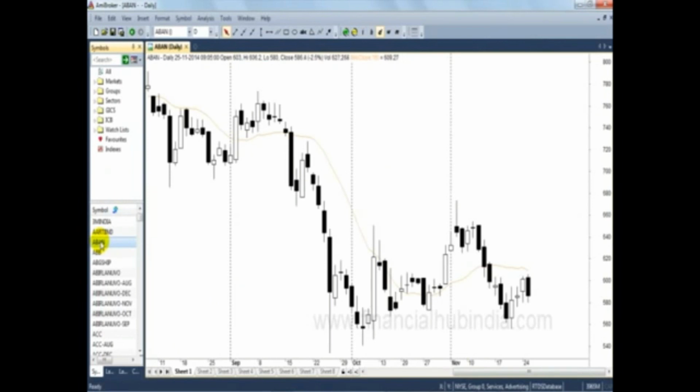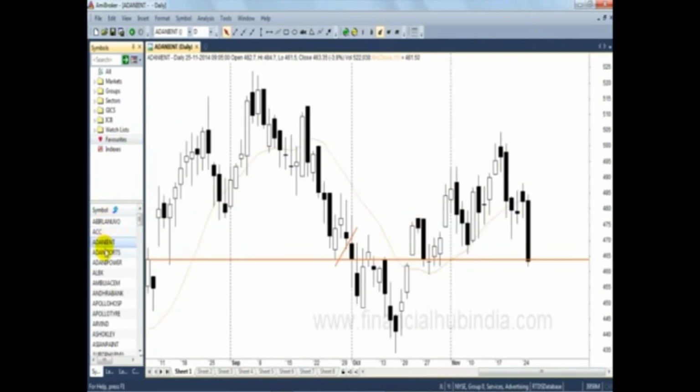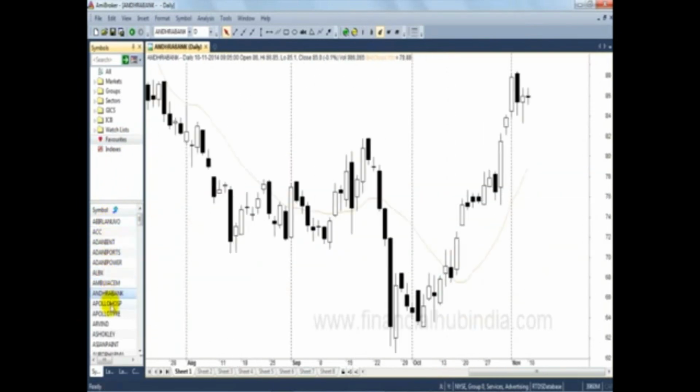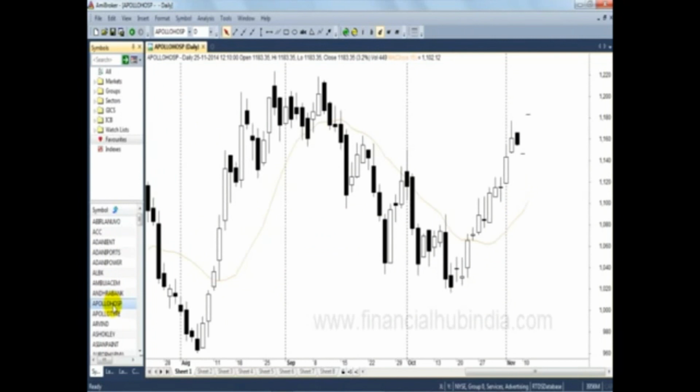Go to the stock you want to add to your watch list, right click on it and choose Add to Favorites. Once you click it, it will automatically go to this folder. In my favorites folder, I have added all the F&O stocks and the commodities too. That is how I created my favorites folder. I just click on a stock, get the charts and analyze further.